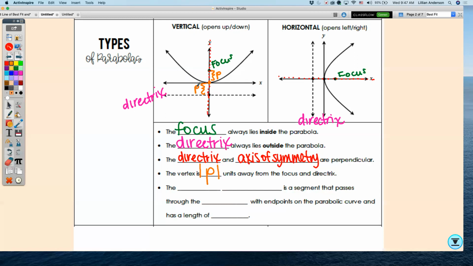So again, from the vertex to the focus is P, and that same distance is how far the directrix is from the vertex. Trying to color code it so you can see all the different pieces. All right, lots of terminology here.